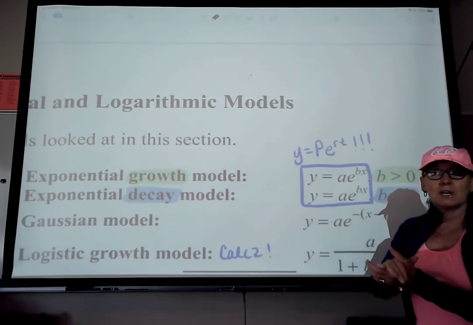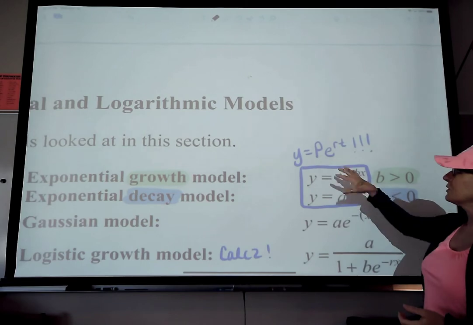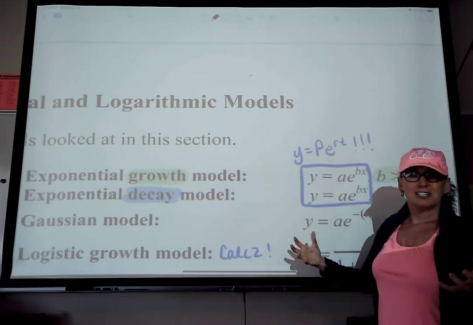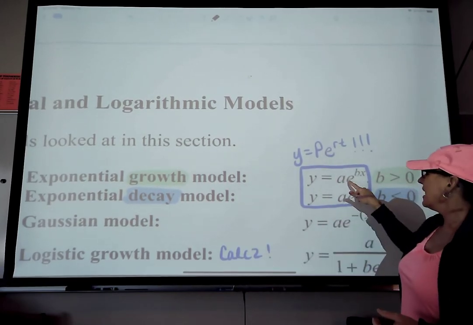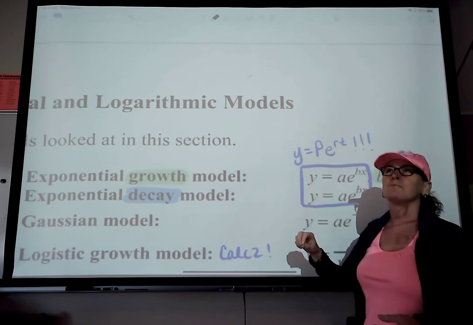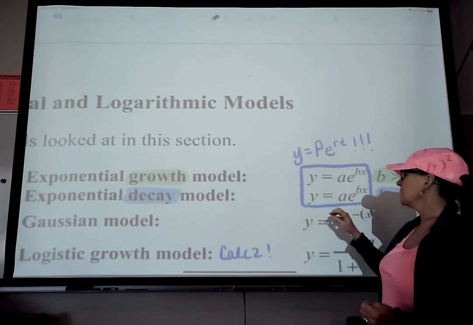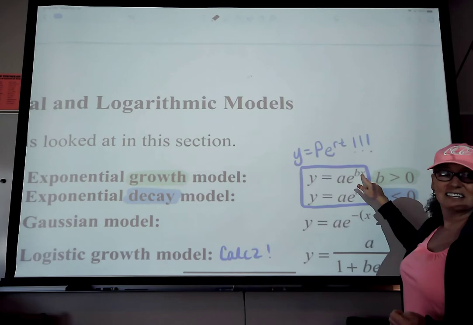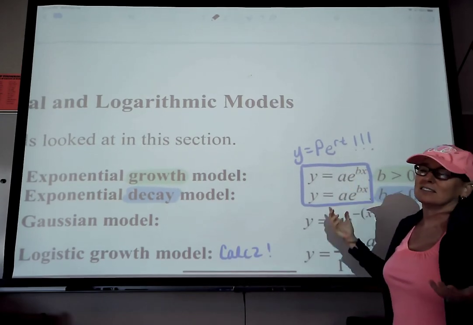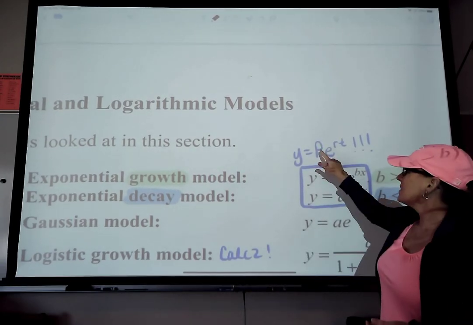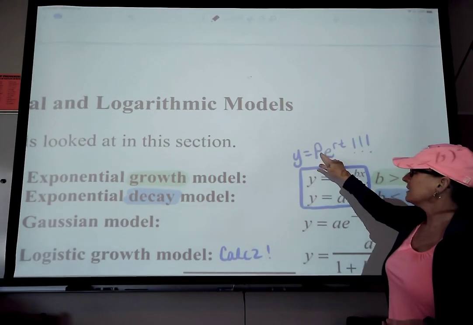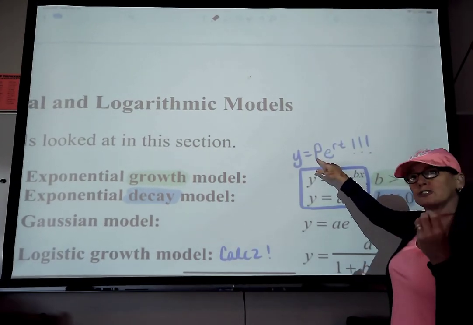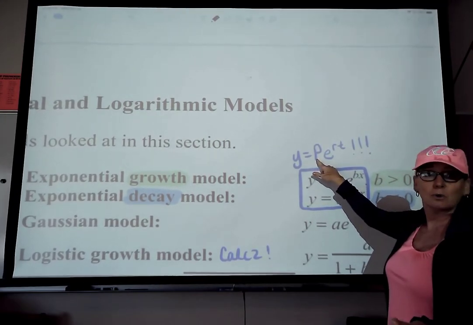No big deal. There are a lot of different forms of the PERT equation using different variables. There's this A e to the B x. There's, let's see, what's another common one? N e to the k t. It's the same thing, okay? This number out in front of E is always your starting amount of whatever it is we're measuring.